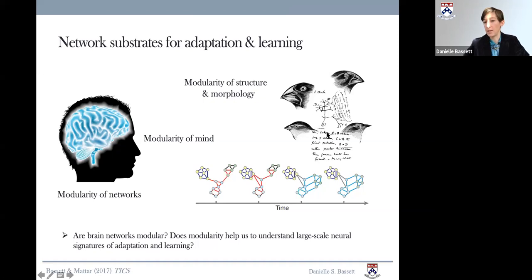And so we can even go back to, let's say, Darwin's finches and notice that the different pieces of the beak or the different sections of the skull or the different parts of the organism of a bird, the fact that they are parcellated, that there are pieces or there are modules, allows for there to be developmental or evolutionary programs that change one module without adversely affecting other modules in the system. So modularity allows for evolution and development.